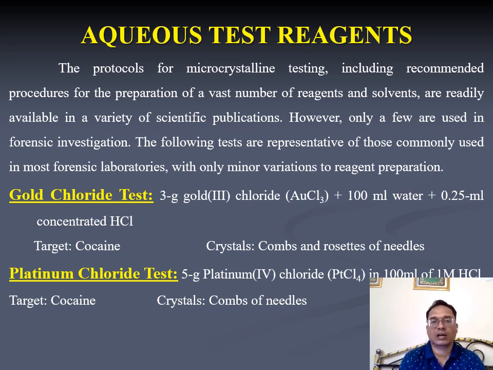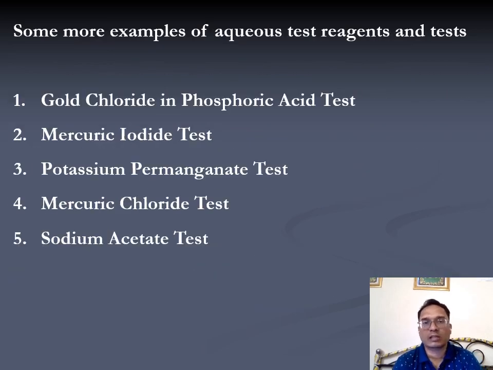Similarly, the other narcotic compounds and the psychotropic substances we can identify by their crystal formation by using specific test reagents. These are some more examples of the aqueous test reagents like gold chloride in phosphoric acid test, mercury iodide test, potassium permanganate test, mercury chloride test, and sodium acetate test.